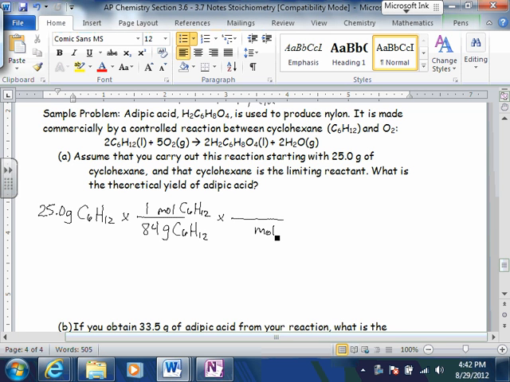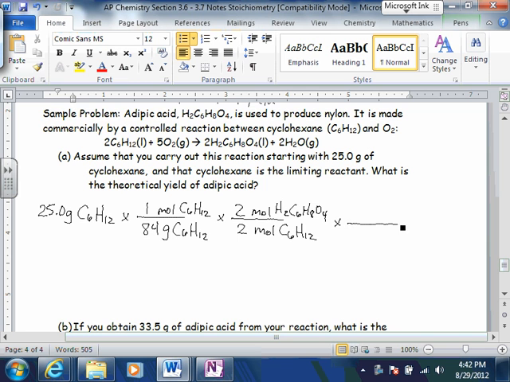So then we're going to go from moles of C6H12 to moles of what I'm trying to find here, okay, which is the acid. So moles of H2C6H8O4. And the mole ratio here is 2 to 2. So that step is kind of meaningless.